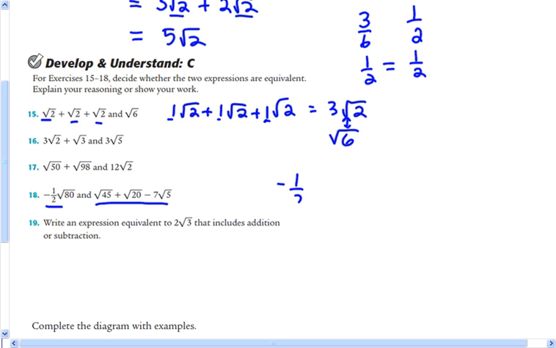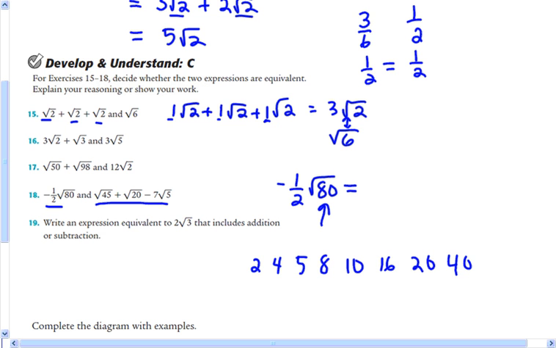Negative 1/2 times the square root of 80 is equal to, 80 has some perfect square factors. The factors of 80 are numbers like 2 and 4 and 5, 8, 10. Let's see, 8 times 10, 5 times 16, 4 times 20, 2 times 40.